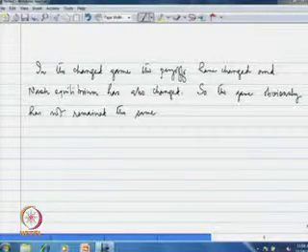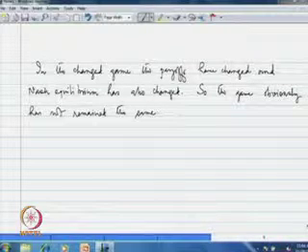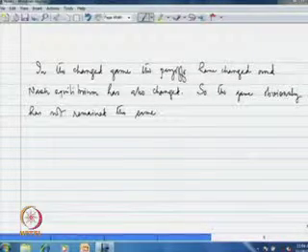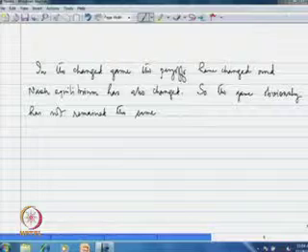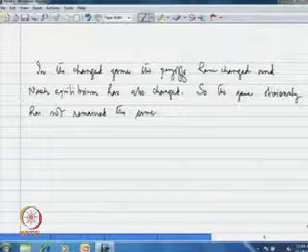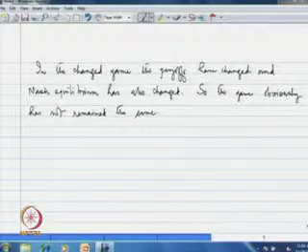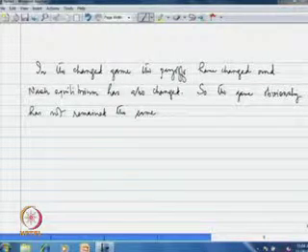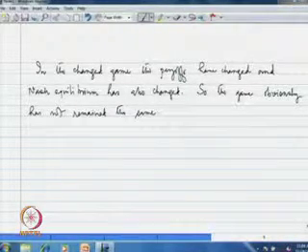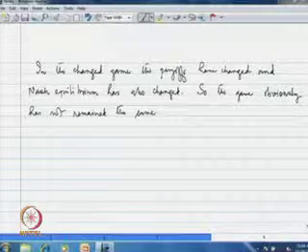But when they are being altruistic, when they are considering the other player's payoff as their own payoff and ignoring their own payoff, the Nash equilibrium that is emerging is that outcome where payoffs of both the players are maximum.